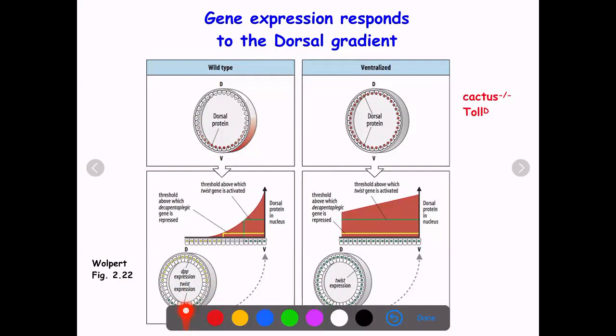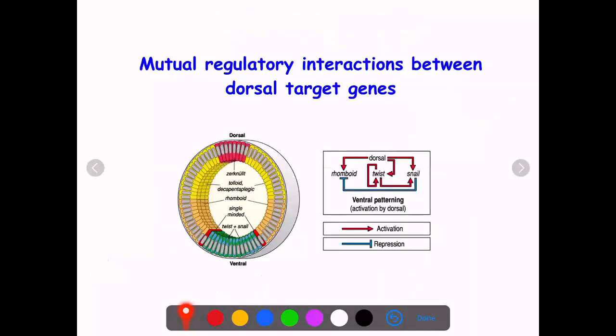That's why they have this nice ventral axis formed, and a certain level of twist and dorsal will be determined and balanced.